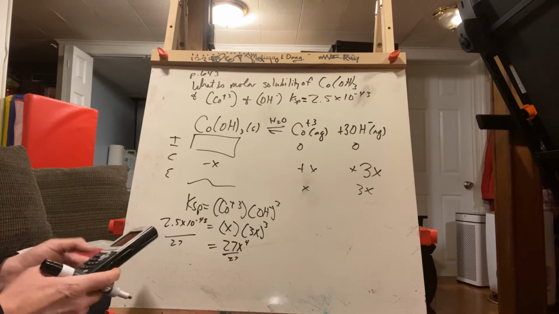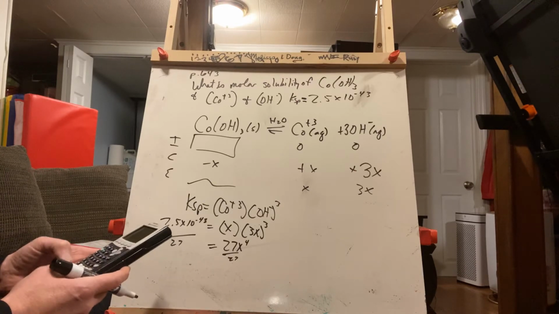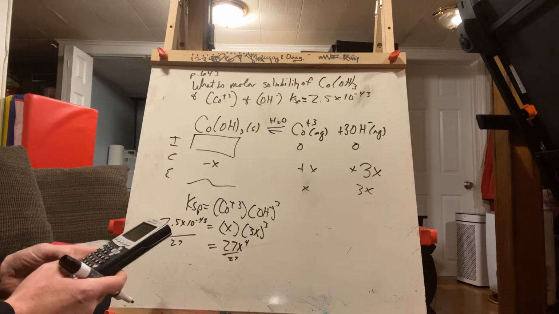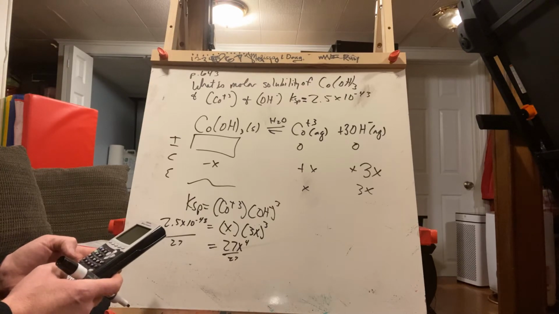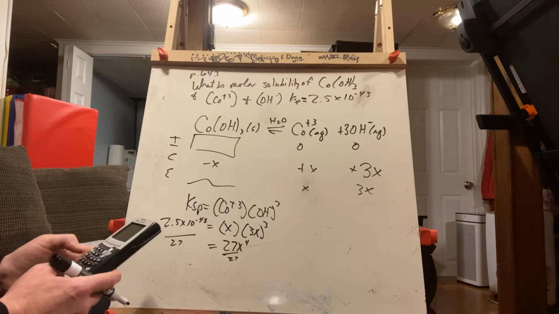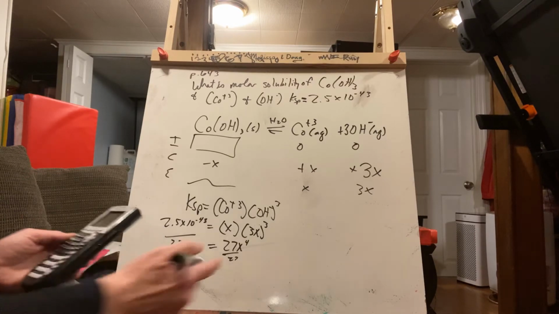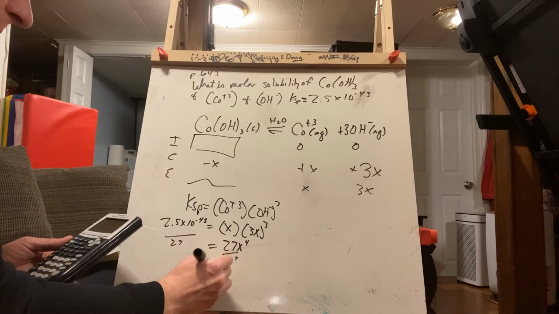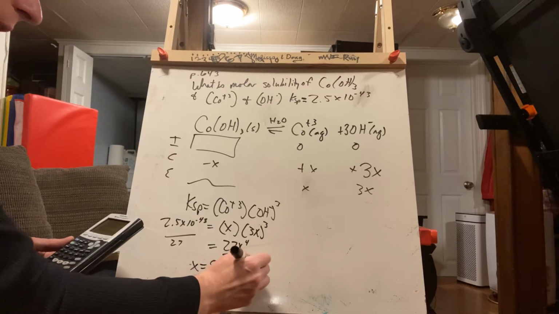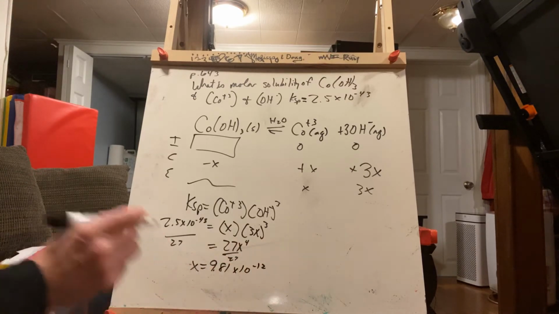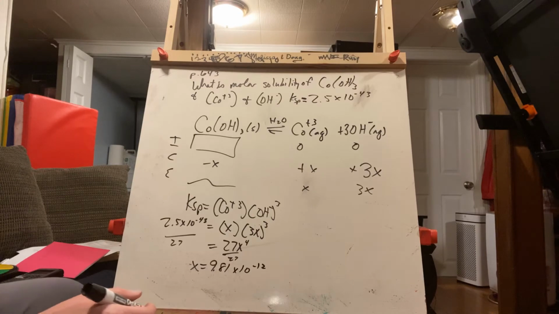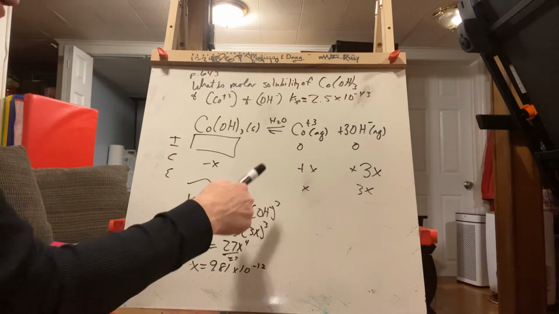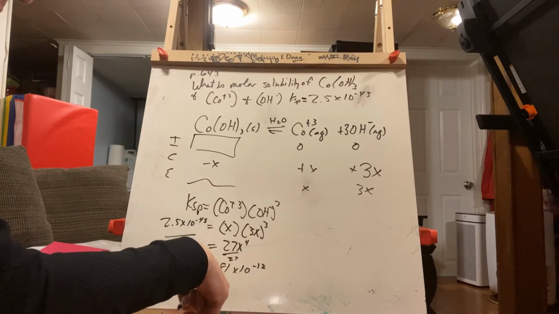And we can go ahead and solve for x. So 2.5 times 10 to the negative 43rd divided by 27, then the 4th root is 9.81 times 10 to the negative 12th. Now you solve for the molar solubility. Well, you just did.